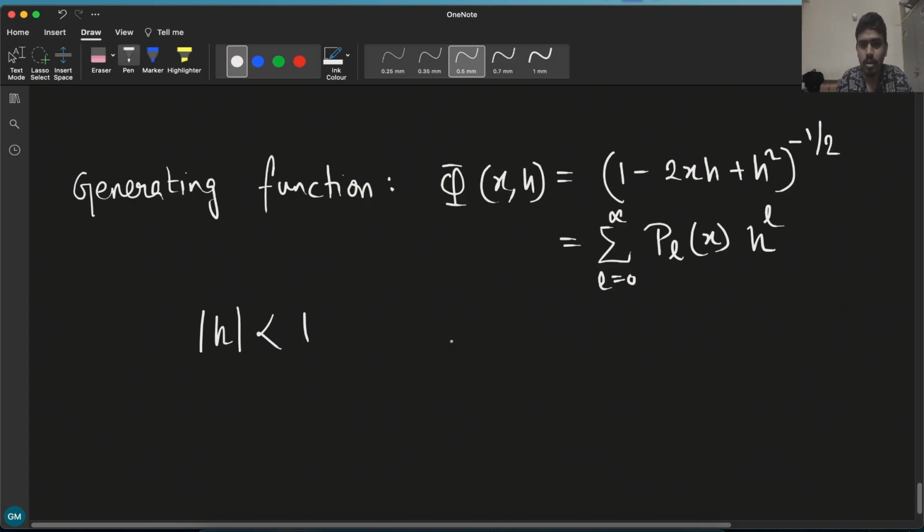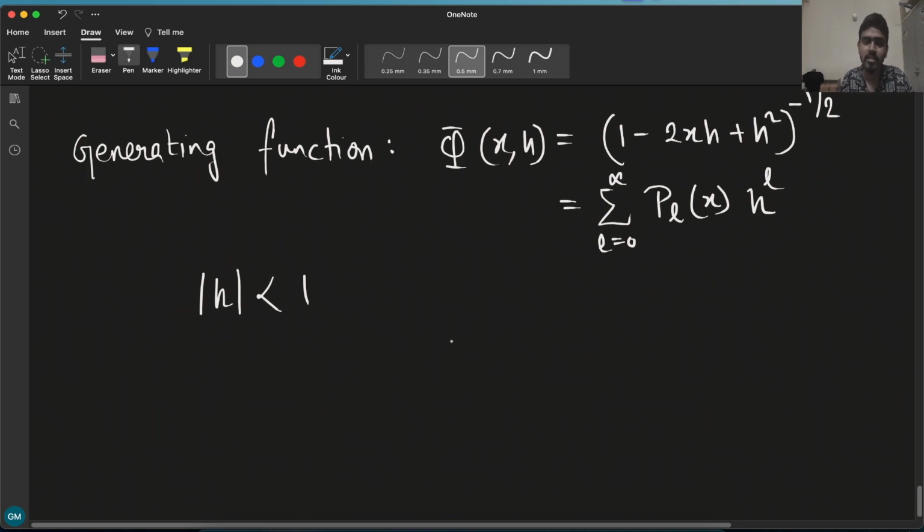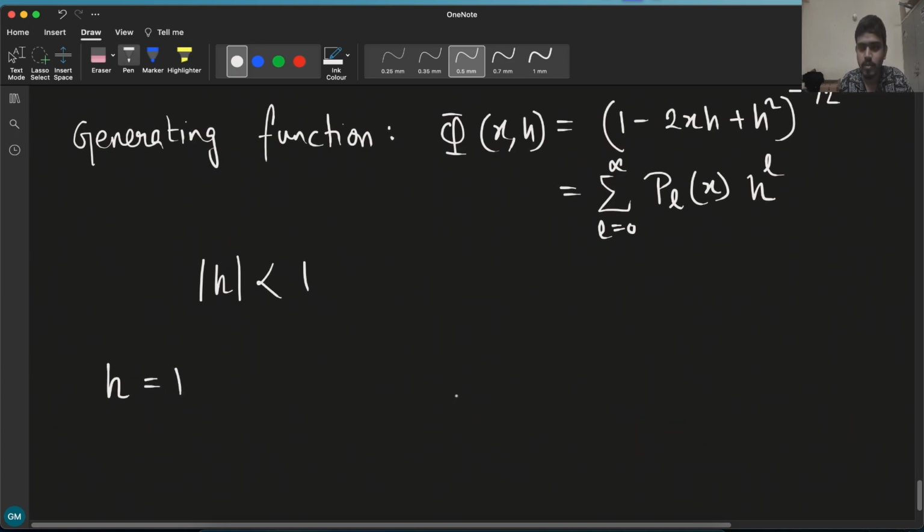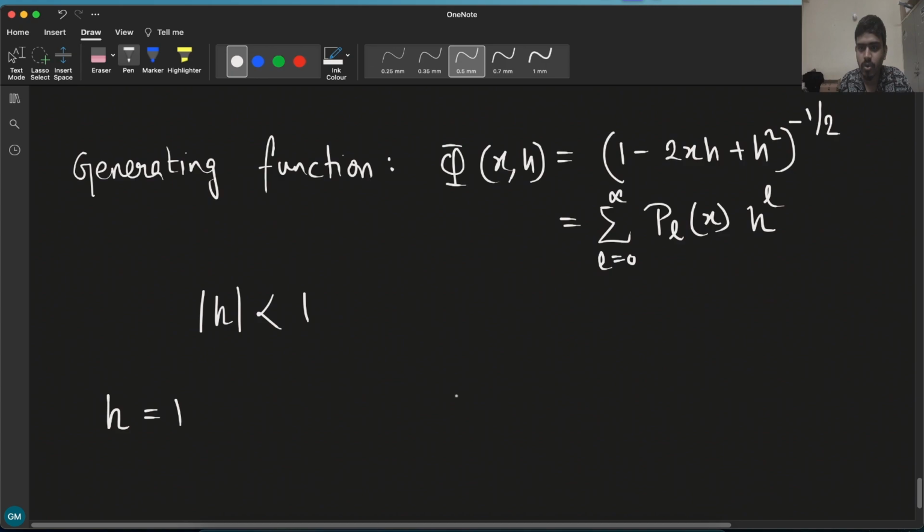You can check for different cases, for example, let's say h equals 1.